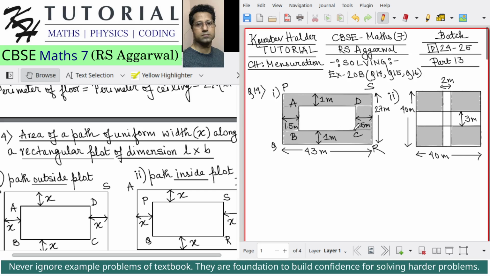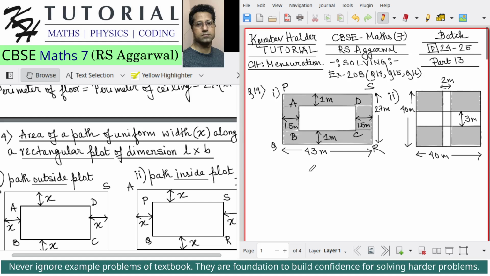Now clearly you can see in the diagram that the width is not the same, the width is not uniform. The width of the shaded region parallel to the length, parallel to BC, is 1.5 meter, but the width vertically, that is parallel to the side AB, is 1 meter.